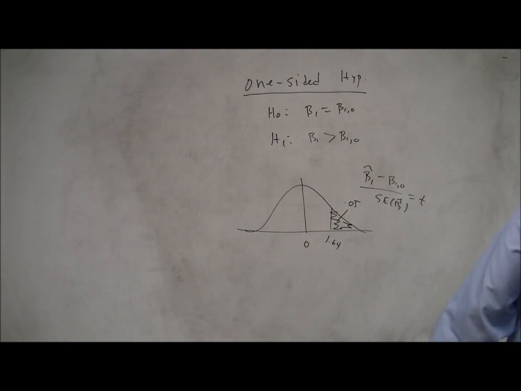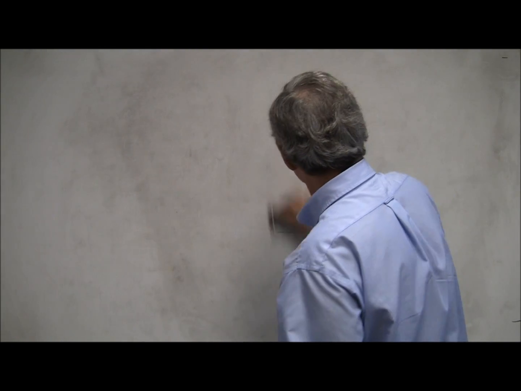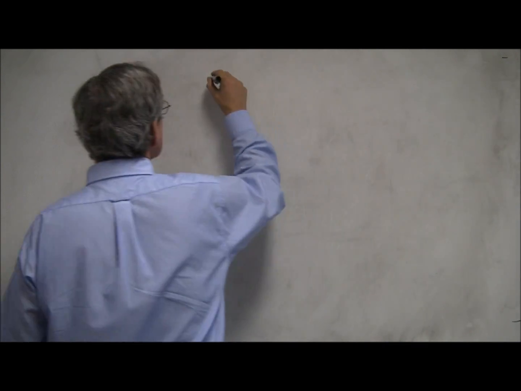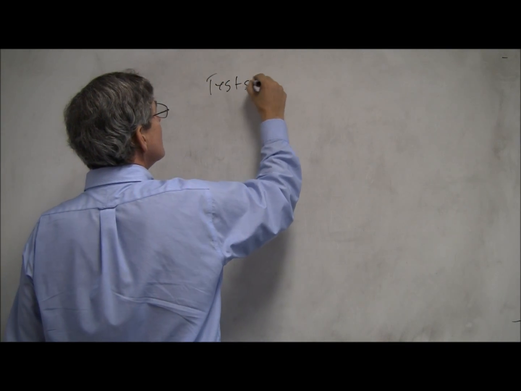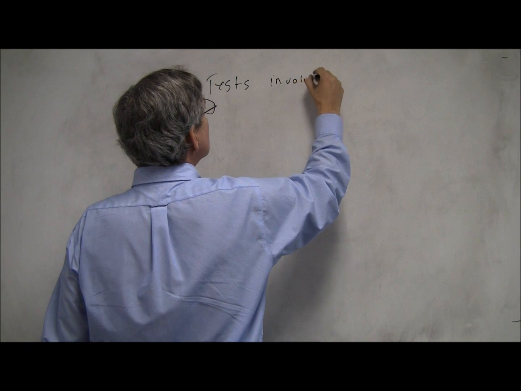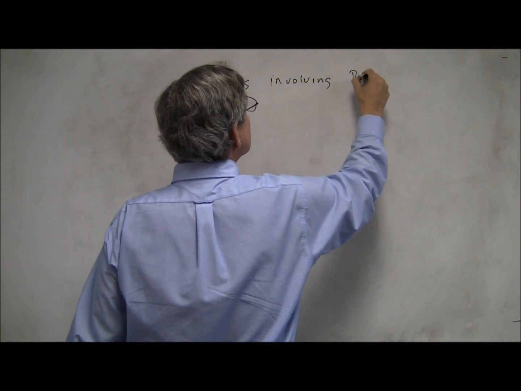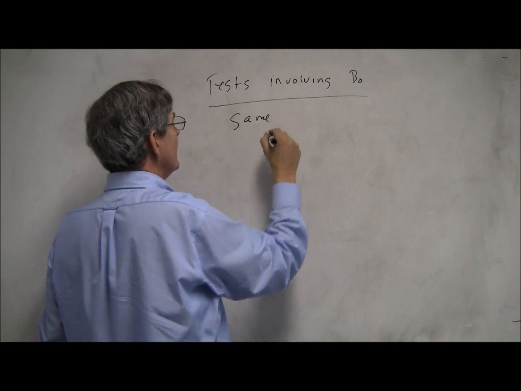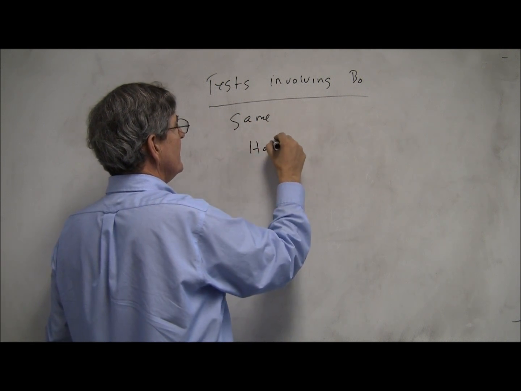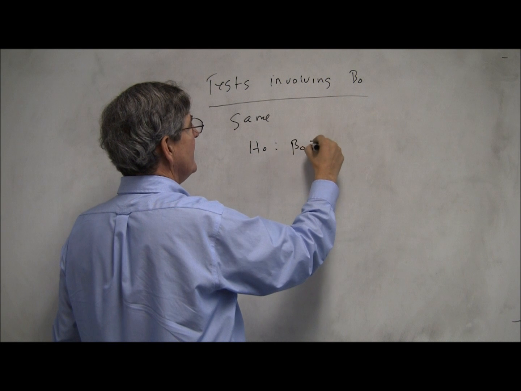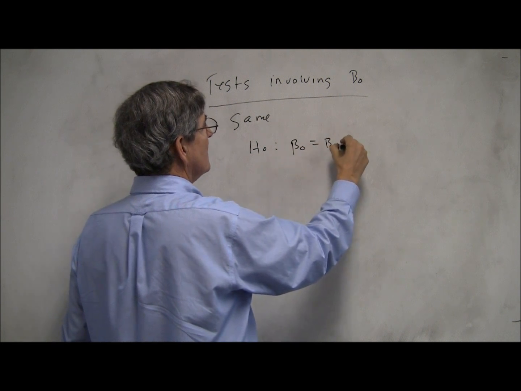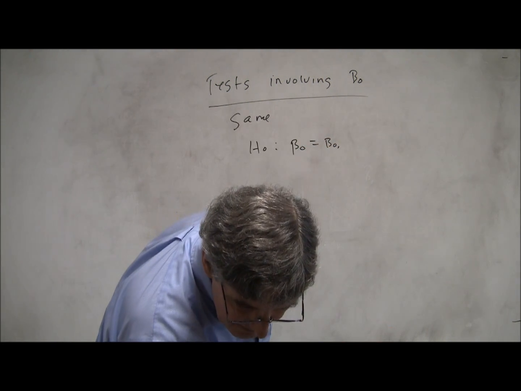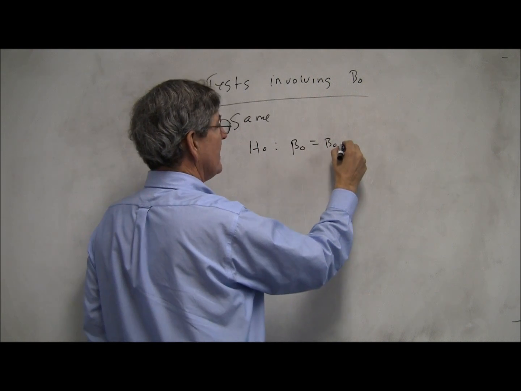What about testing hypotheses about the intercept, beta 0? It's the same. There's no difference. Now the null is that beta 0 equals beta 0, 0, the way the book writes it.